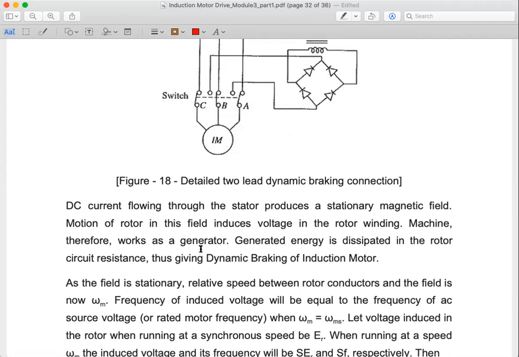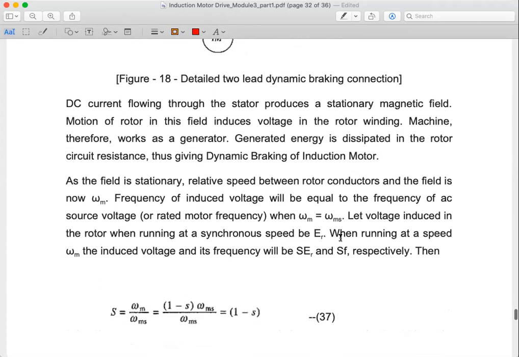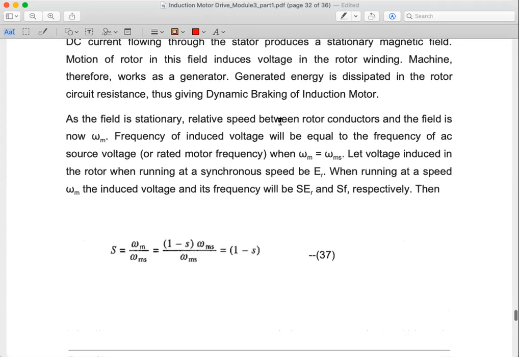We know in general dynamic braking means the motor's energy is dissipated in the connected resistors. When the field is stationary, the relative speed between the rotor conductor and the field is omega m. Field is not rotating, so the relative speed between rotor conductor and the field is nothing but the rotor speed, equal to omega m.